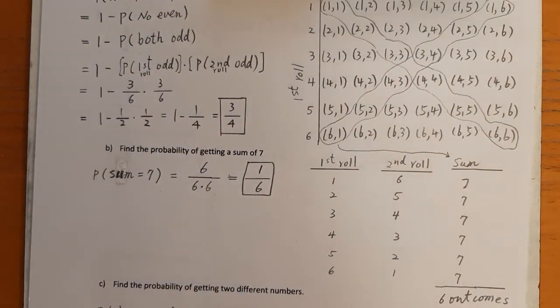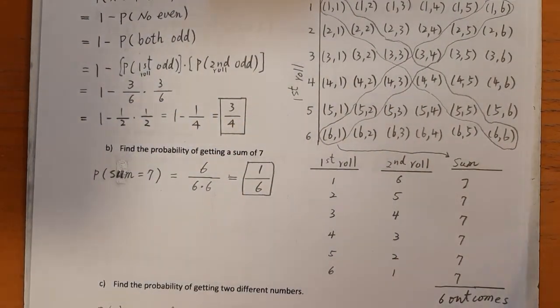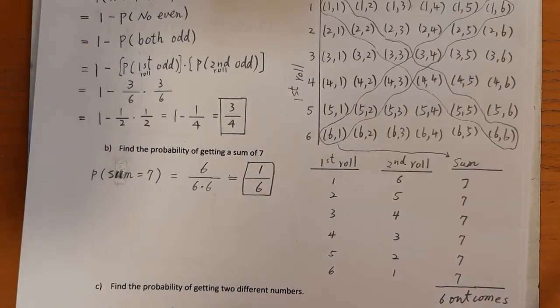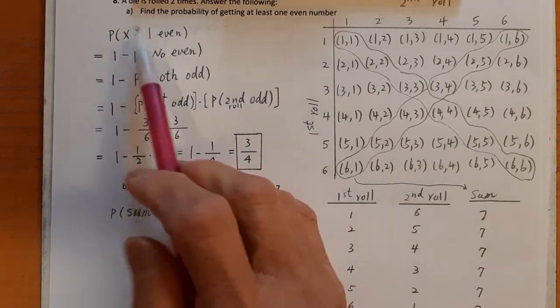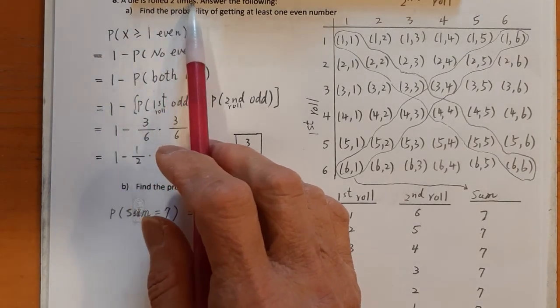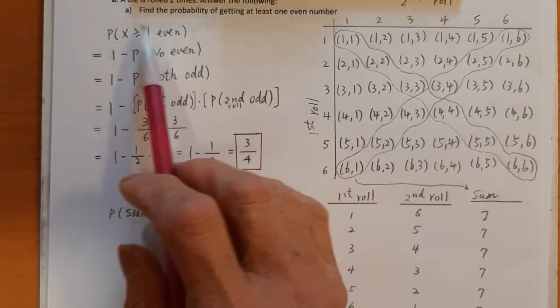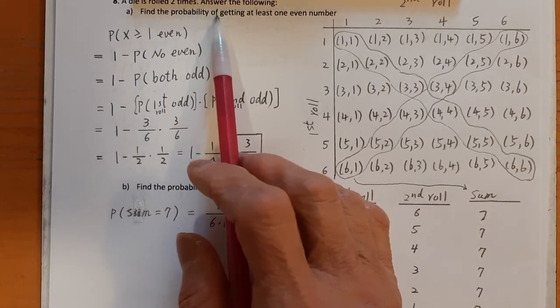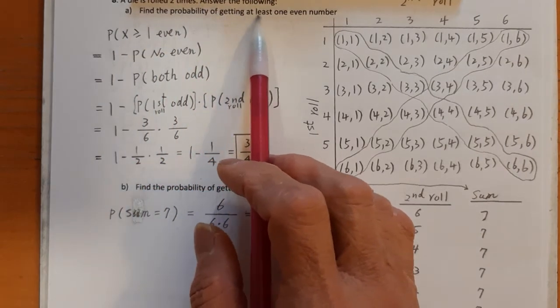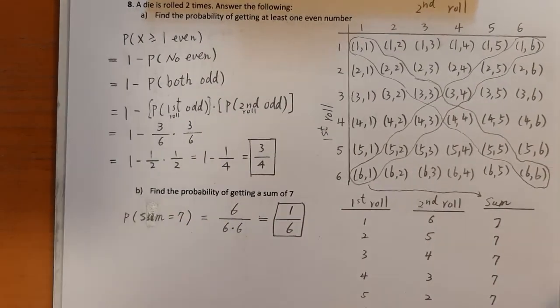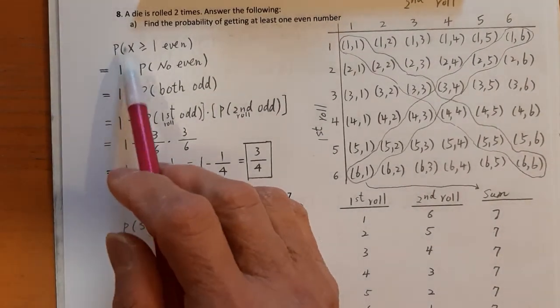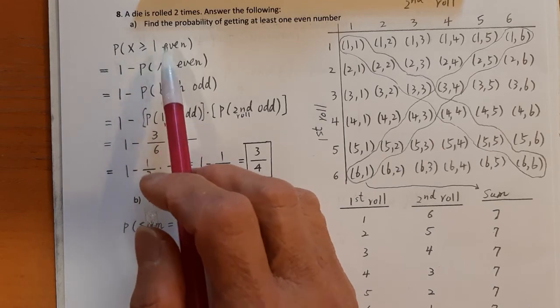So the next question, question 8, parts A, B, C. Question 8, a die is rolled 2 times. Answer the following. A, find the probability of getting at least 1 even number. So looking for at least 1 even number. So the probability of x greater than or equal to 1 even number.